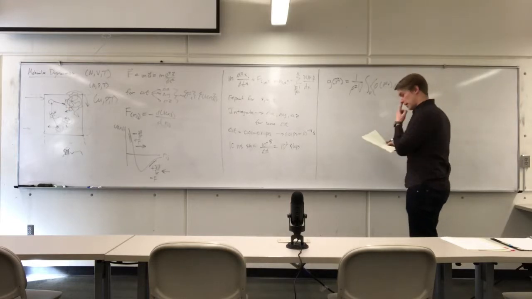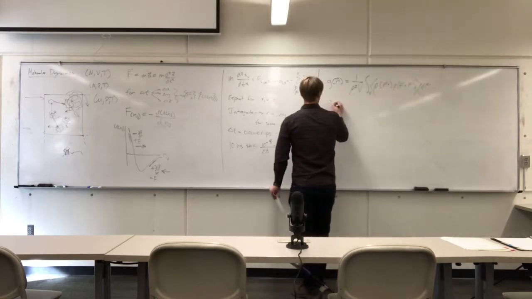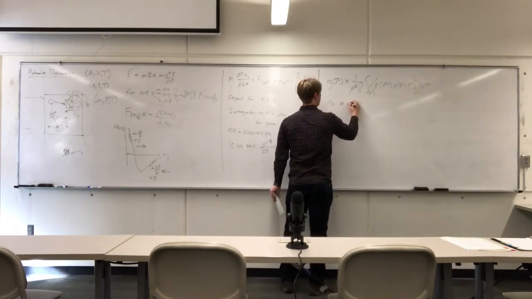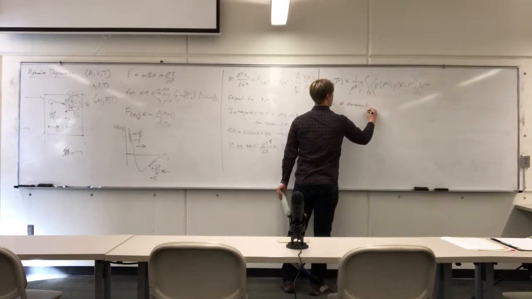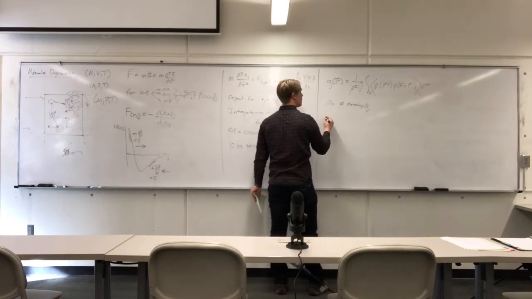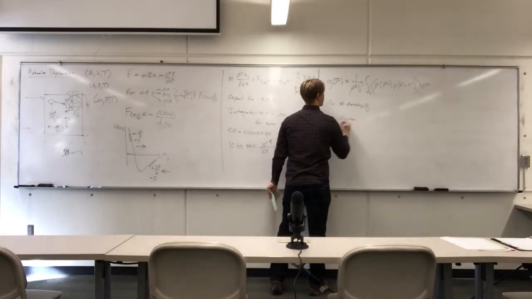Okay, let me take a second here and break down what we're looking at. So rho is the number density. So this is the number per volume. V is the volume.